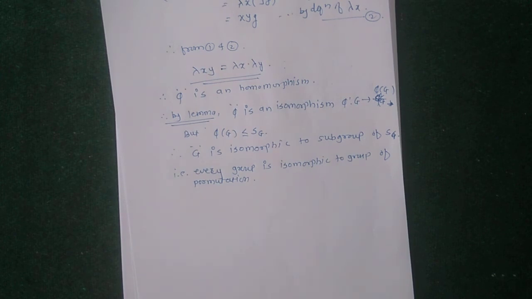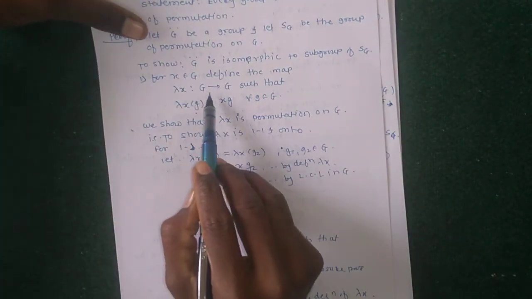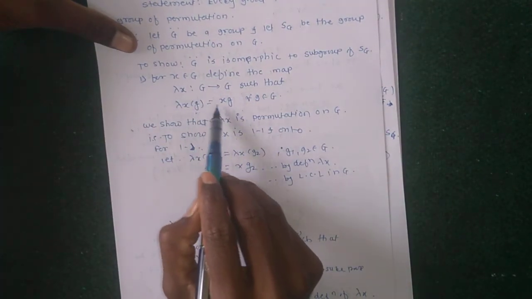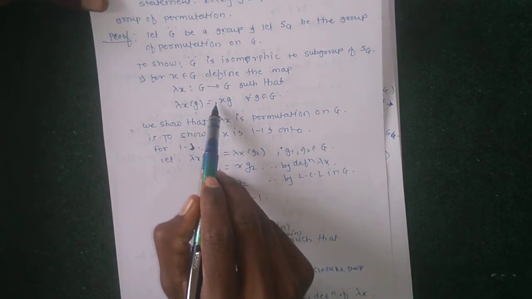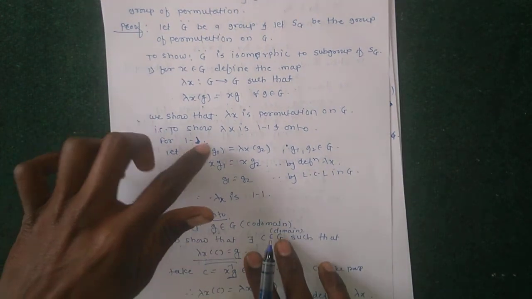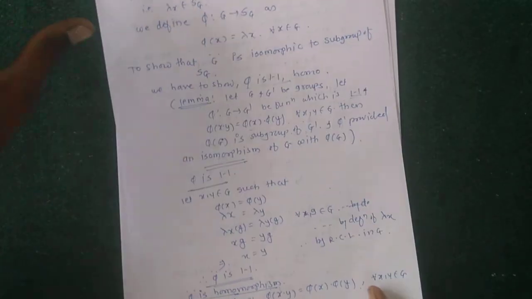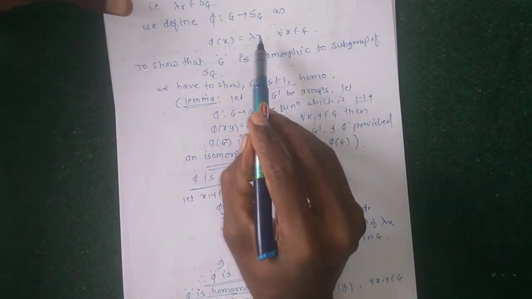To prove this theorem, first define the map lambda x from G to G, such that lambda x of g equal to xg, and show this is 1-1 and onto, meaning a permutation on G. Next define phi from G to SG, such that phi of x equal to lambda x.